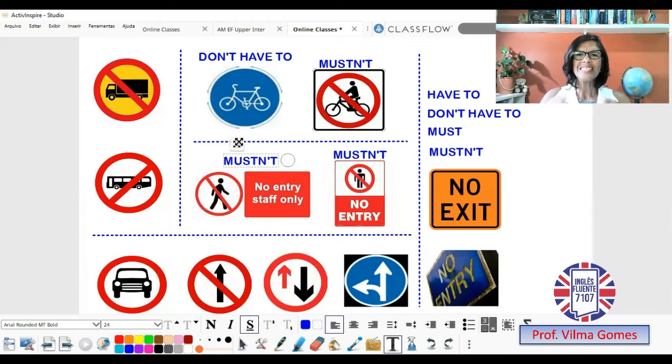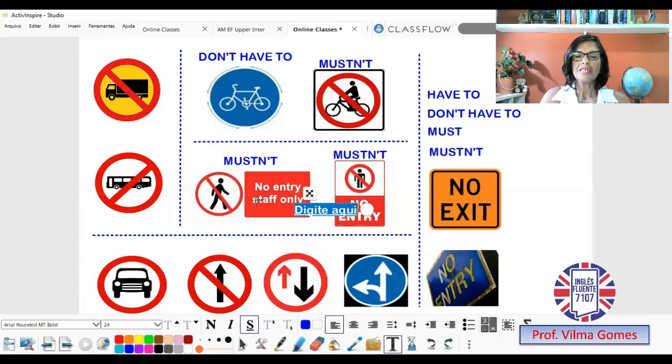Another prohibition. But is it exactly the same? É exatamente igual? Porque aqui, as pessoas não têm permissão de entrar. Né? E aqui? No entry, staff only. Então aqui tem uma pequena diferença. There is a small difference, right? As pessoas não podem entrar, mas tem uma exceção. What's the exception here? Qual é a exceção aqui? No entry, staff only.